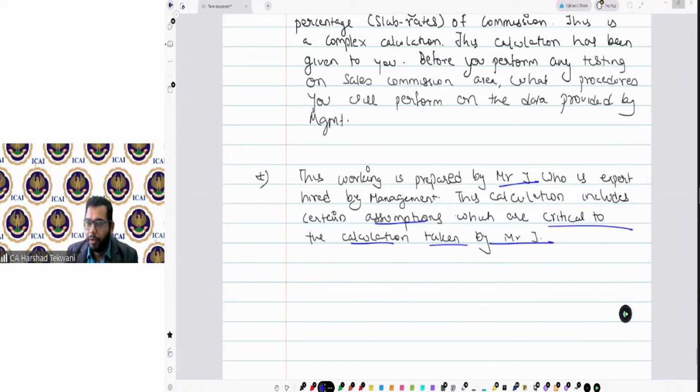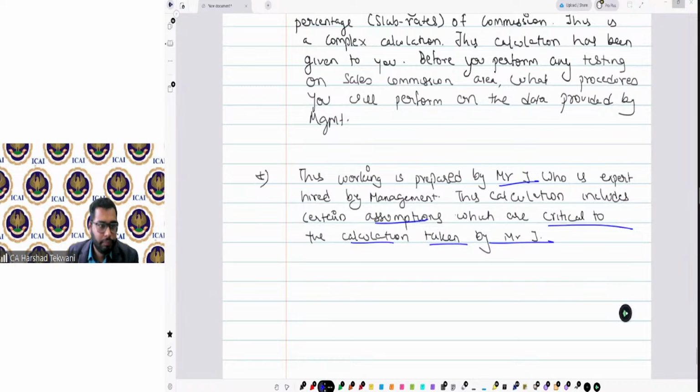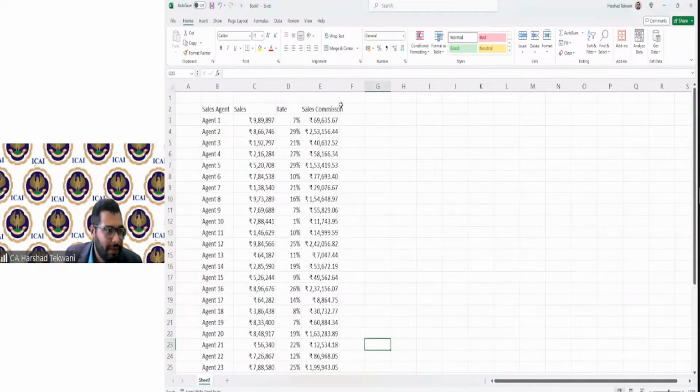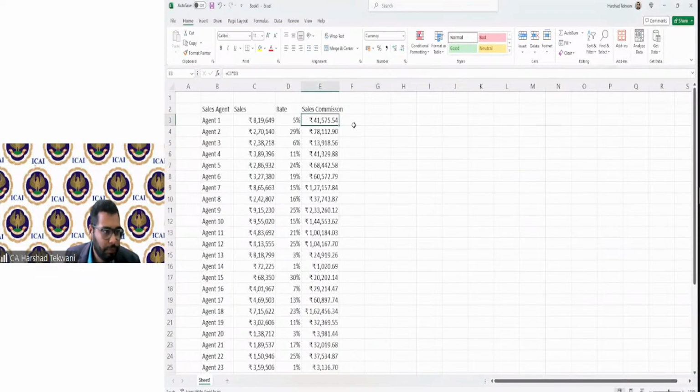Let me share my screen. Now, this is a hypothetical example. This is the calculation that I was talking about, a calculation agent wise.